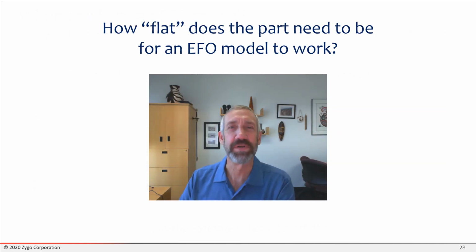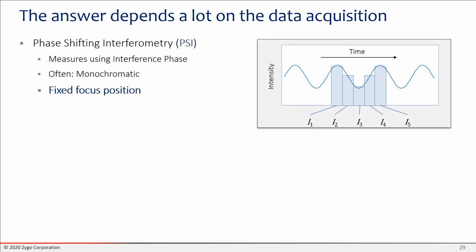So that's the question. Just how flat does the surface have to be for this EFO model to work? The answer to that question depends a lot on the specific kind of data acquisition. Interferometers measure surface topography in different ways. One of the key differences is whether or not the focus position is fixed. For example, in phase shifting interferometry, you measure the interference phase by going through a sequence of phase shifts over one cycle.